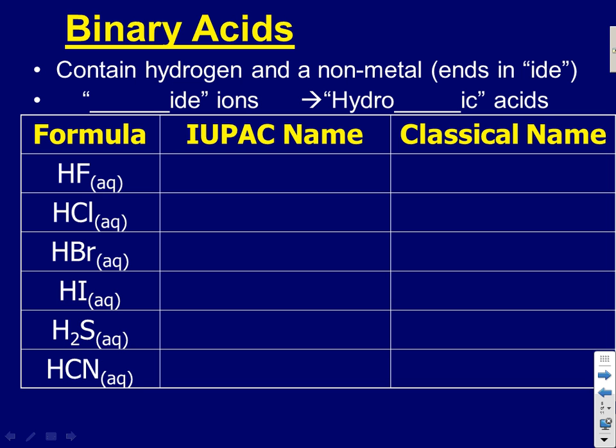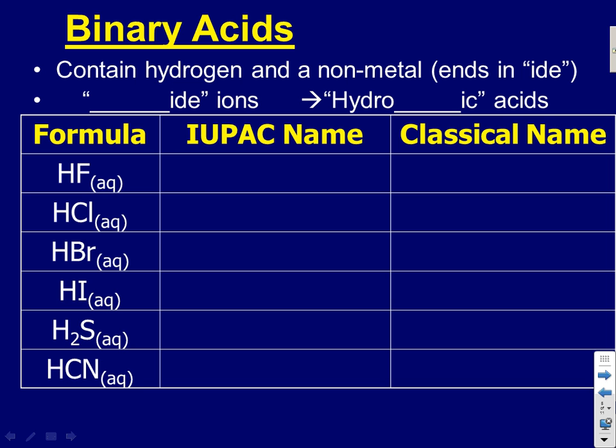So if it ends in "ide" and you add H's to turn it into the acid, then the name becomes hydro, just like the electricity, hydro blank ic acid. So whatever the word was in here, like fluoride, that fluor goes in here to get the name.